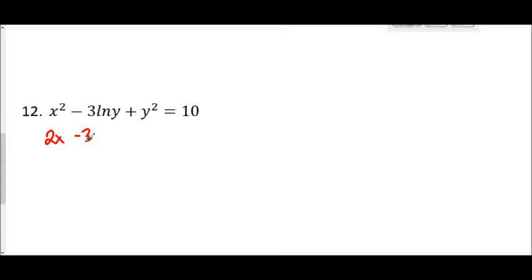So the derivative of the ln of y is 1 over y. We need to multiply by dy dx. Plus 2y dy dx. And the derivative of 10 is just a number, so the derivative is 0. Make sure you're taking the derivative of all of those parts.